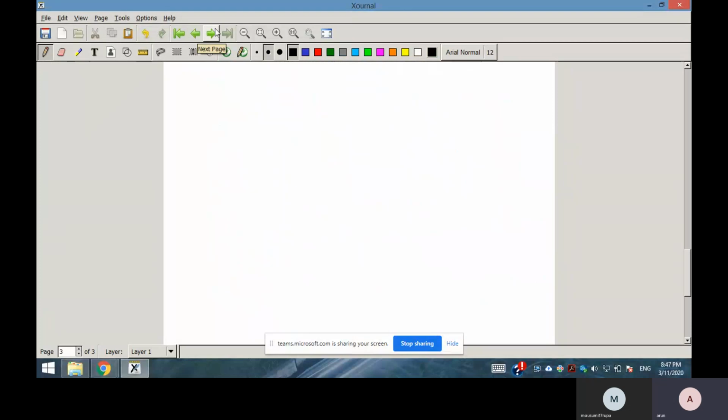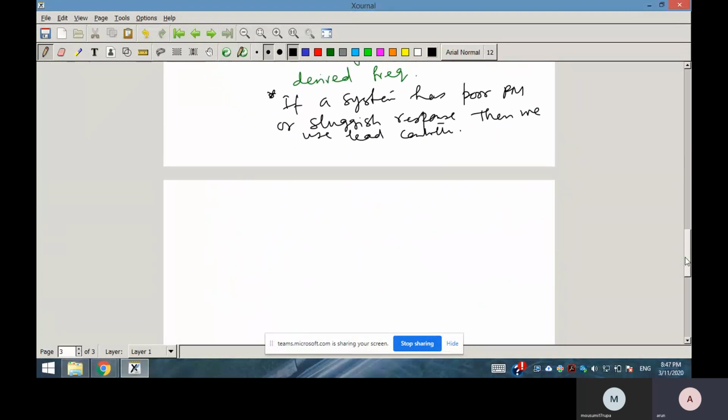What is the amount of phase lead it will provide? It will provide some phase lead at some frequency, as well as some gain amplification.